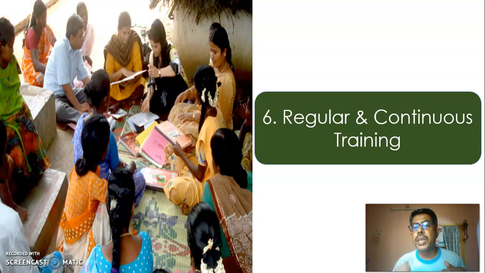It is regular and continuous, because before that, when training was planned somewhere, we didn't know whether the farmers needed it or not. But here, in the training and visit system, the farmers themselves reveal what kind of training and information they need. Based upon the demand, they create training material and workshops, and deliver them to the farmers. So this regular and continuous phasing of training is most important.